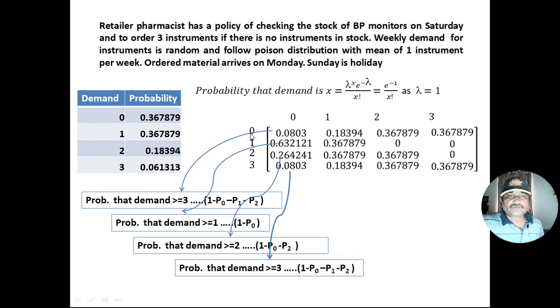Suppose you had 0 cameras on Saturday. That means on Monday of next week you are going to have 3. And what is the probability of having 1 on next Saturday? That means exactly 2 cameras should get sold. The probability of exactly selling 2 cameras is 0.18394, right?